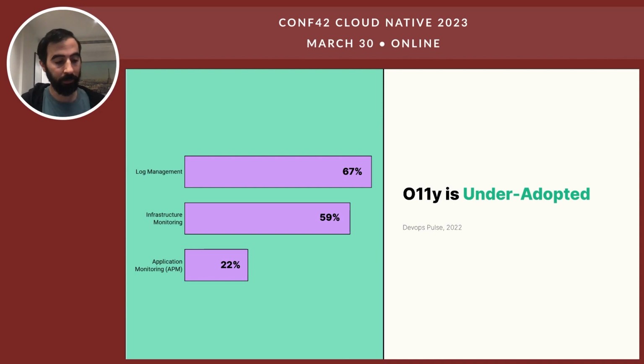Now, the bottom line is very clear, I think: observability is under-adopted. On the left, you can see a recent survey that shows that deep observability solutions are heavily under-adopted, with about 70% of teams using logs as the basic layer for observability. Far fewer of these teams are implementing APMs, or application performance monitoring tools, which everybody agrees on the value of.